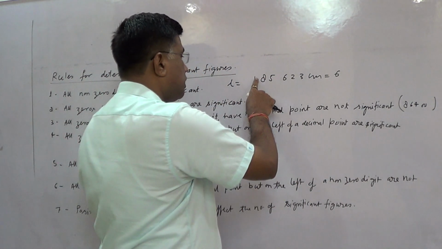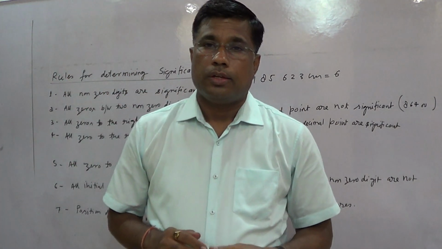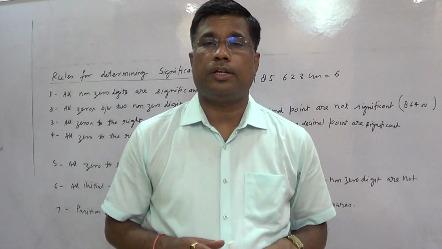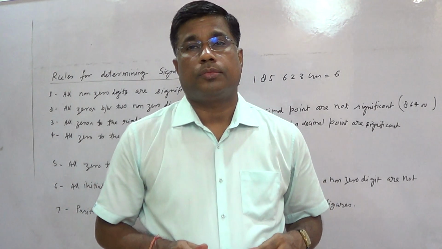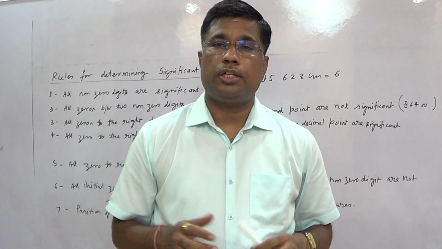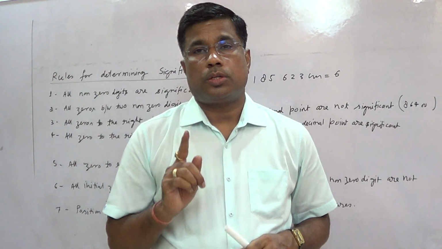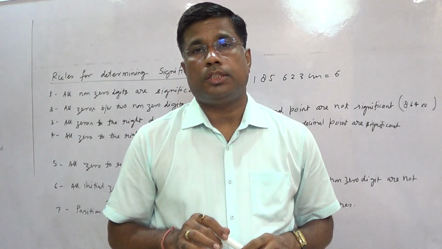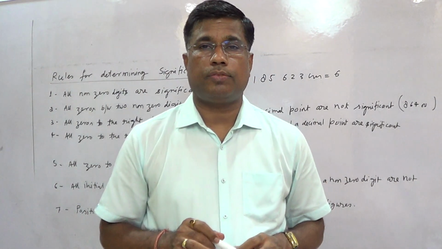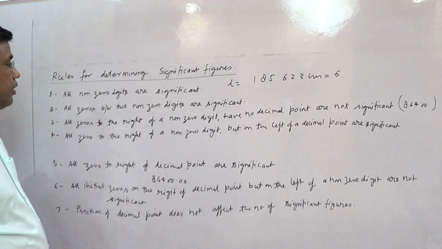If you remove the decimal, it still has 6 significant figures. This means there is no effect on the total number of significant figures by placing the decimal at different places. So it is independent of the position of the decimal. So the first rule is clear: all non-zero digits in a measurement are always significant, and here there are 6 significant figures.